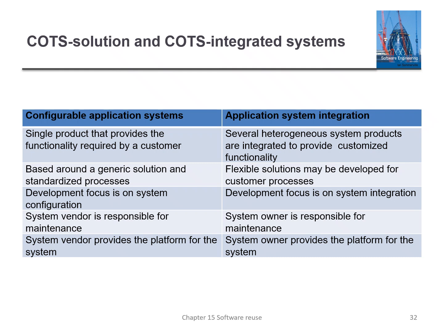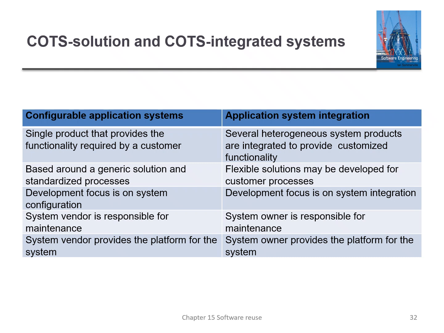So the processes are customizable according to the needs of the customer. And for the configurable application system, development is focused on system configuration, whereas here it is more on system integration.